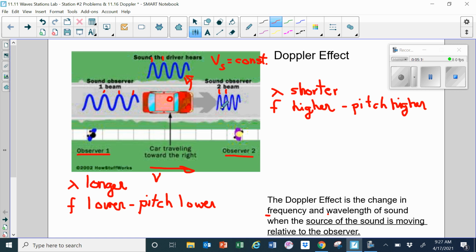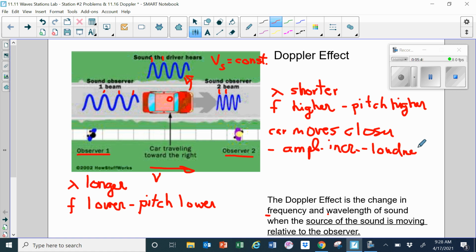So as the car moves closer, the amplitude is going to increase, okay? And if the amplitude increases as the car moves closer, then the loudness of the siren will increase, okay?